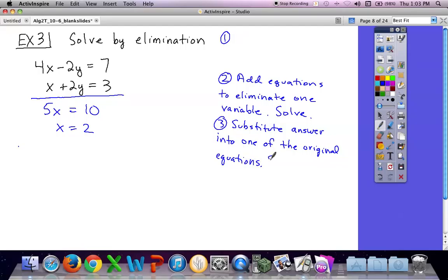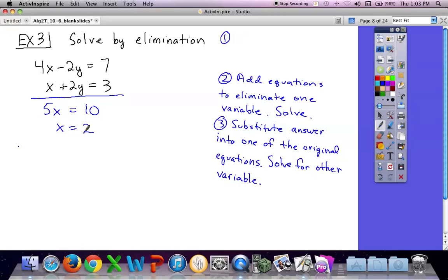And then we'll solve for the other variable. Meaning, we can choose this first equation or the second equation to substitute x equals 2 and then solve for y. And it's your pick.